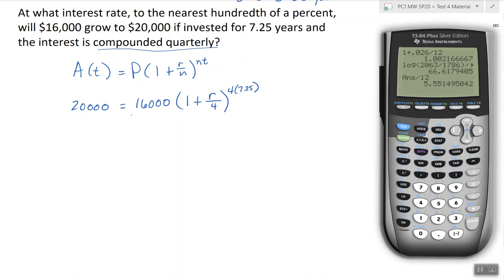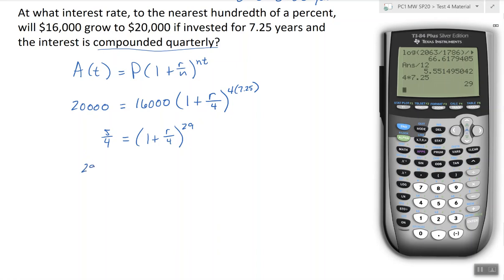And let's see what we can do to solve this. We've got 20,000 divided by 16,000, so it's going to be 5/4 equals 1 plus r over 4 to the 4 times 7.25, which is 29. Okay, and what can we do here? We're going to take the 29th root of both sides.